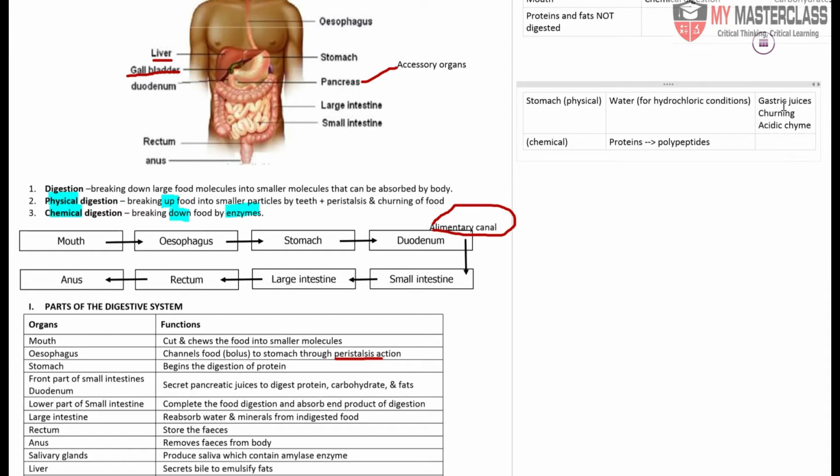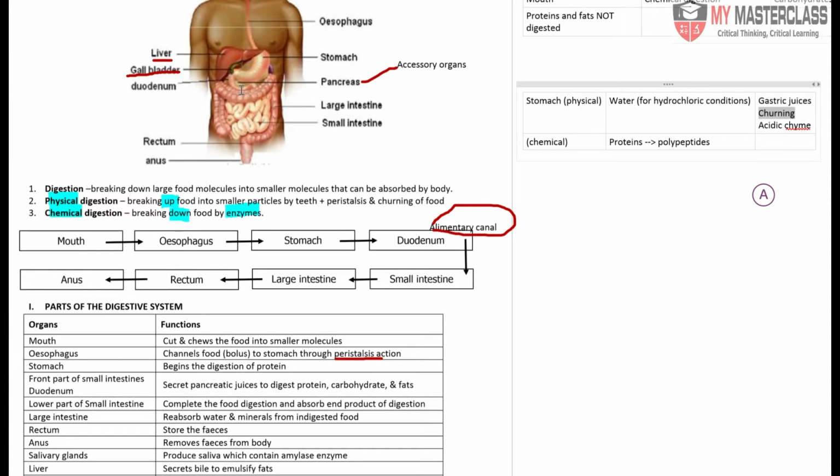Acidic chyme is like a porridge consistency with all the food broken up into small tiny little pieces, and it forms due to churning. The stomach muscle will move left and right gently through internal contractions to enable this effect to take place.